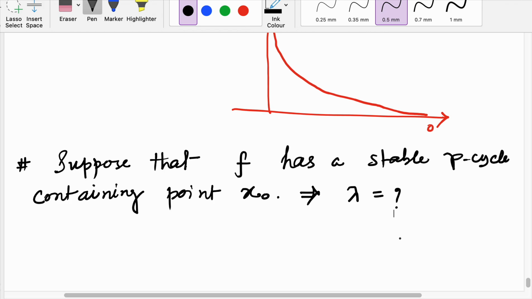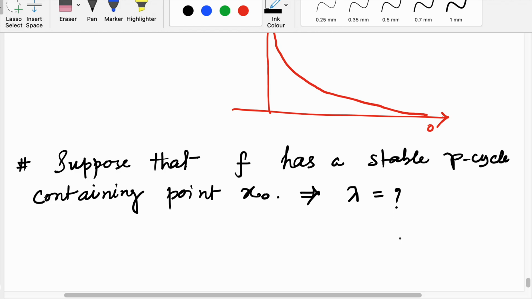From our previous discussion, we can safely say that the Lyapunov exponent should come out negative, because the stable p cycle is stable. That means all the initial conditions will eventually go towards that attractor. So any initial condition I take has the same ultimate fate, that oscillating thing.